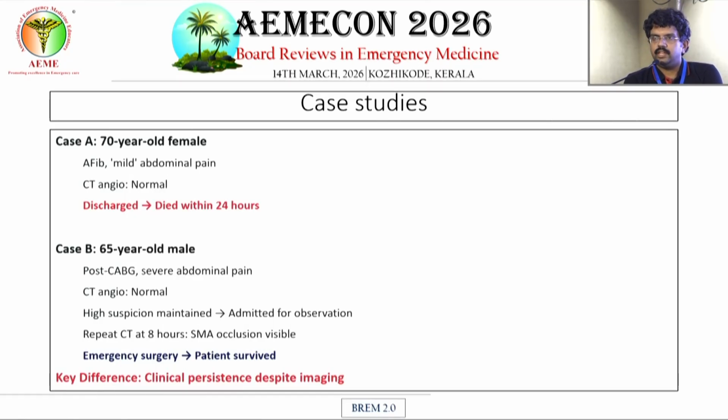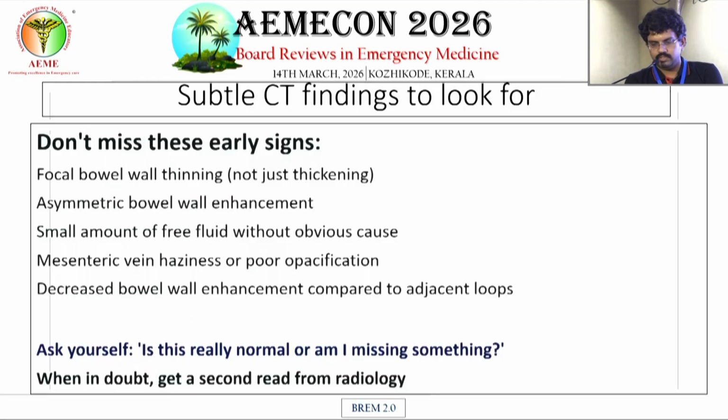So it's a female patient, like Dr. Binod has managed, who has already died because he discharged. But the second one, a 65-year-old male with CABG history, had a normal CT angio, but he did not discharge the patient. He got a repeat scan where SMA occlusion was found, emergency surgery was done, and the patient was saved.